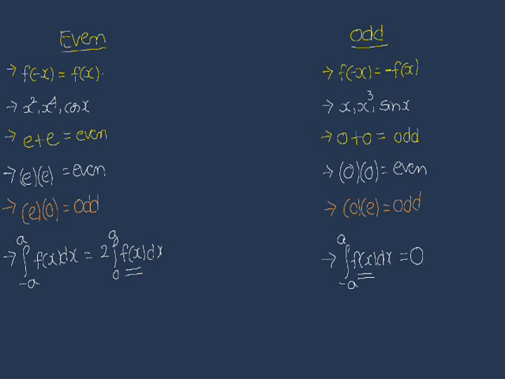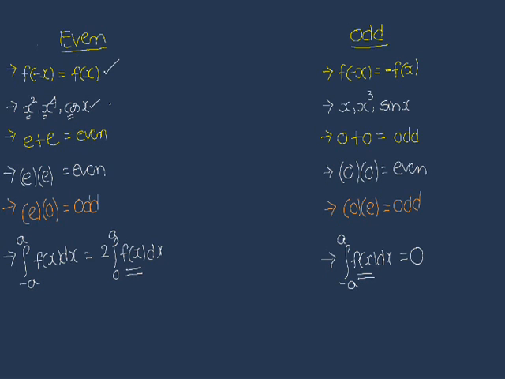What is meant by an even function? If f of minus x is equal to f of x, then you call it an even function. Examples: in place of x, if you substitute minus x whole square, you will get the same x square. If you substitute minus x whole power 4, you get the same x power 4. Cos of minus x is cos x.